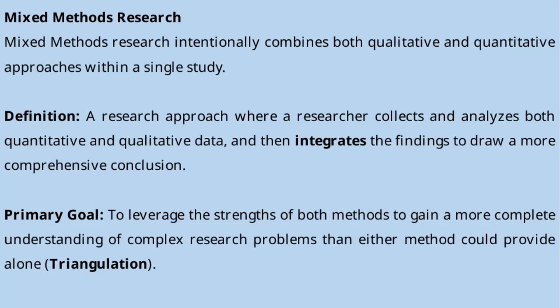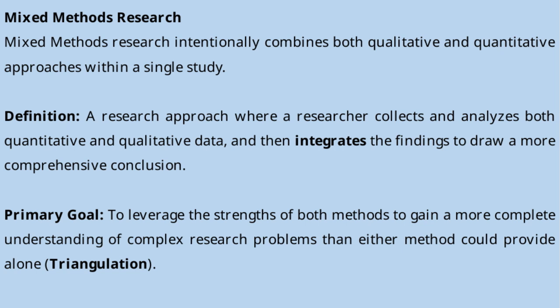Let's talk about mixed methods research. This approach intentionally combines both qualitative and quantitative methods within a single study. Essentially, it means collecting and analyzing different types of data, numbers and words, to get a fuller picture. When we say qualitative data, we're referring to insights like opinions, experiences, or observations, while quantitative data involves numerical information and statistics. The key here is integrating these findings to draw more comprehensive conclusions.